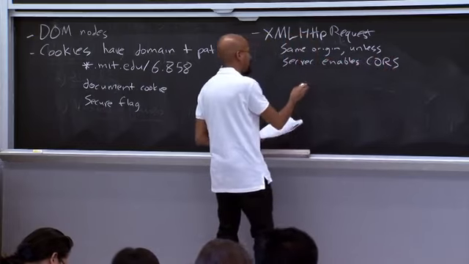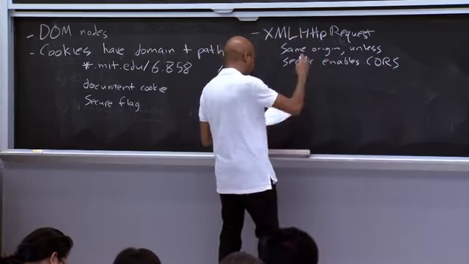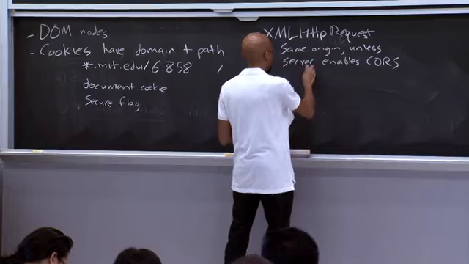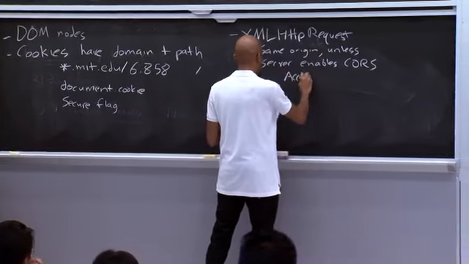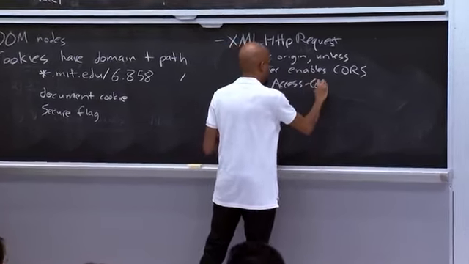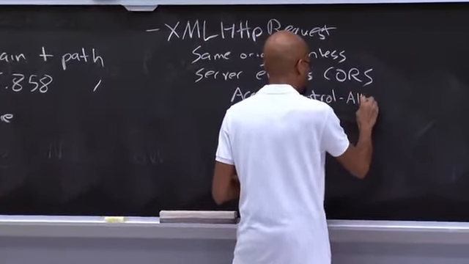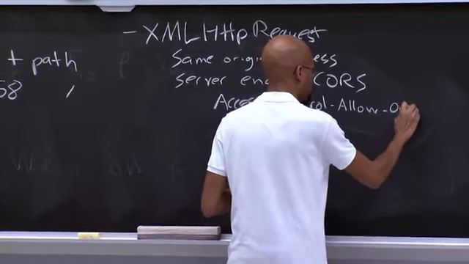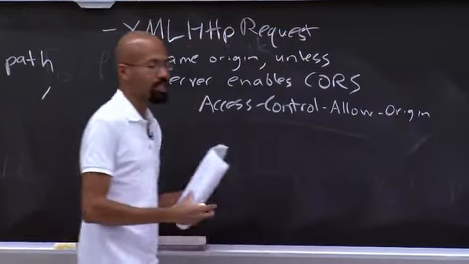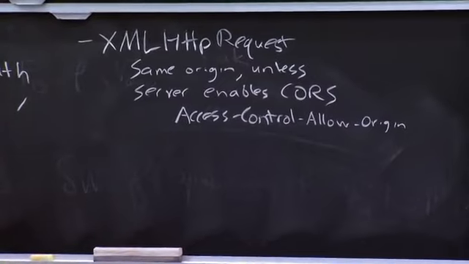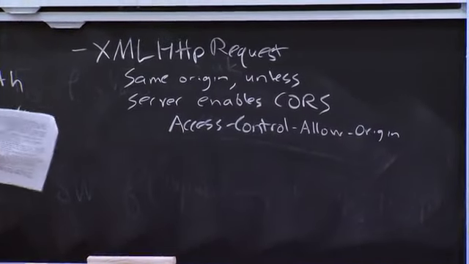And so basically, this adds a new HTTP response header called Access-Control-Allow-Origin. Right? So let's say that JavaScript from foo.com wants to make an XML HTTP request to bar.com. Right?